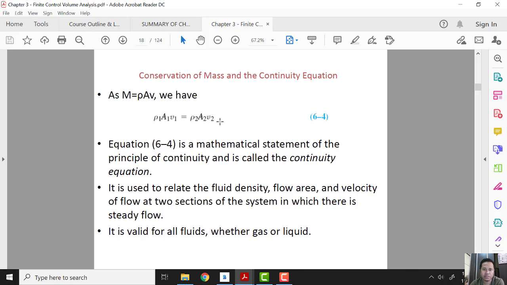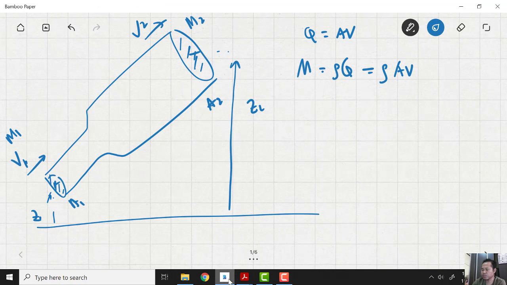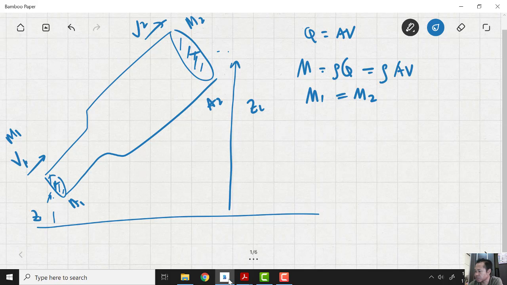Since we know that the mass at point 1 must equal the mass at point 2, the mass flow rate is also the same at point 1 and point 2. So m1 equals m2 because the mass is conserved. So substitute the equation here. The rho of water or liquid does not change.